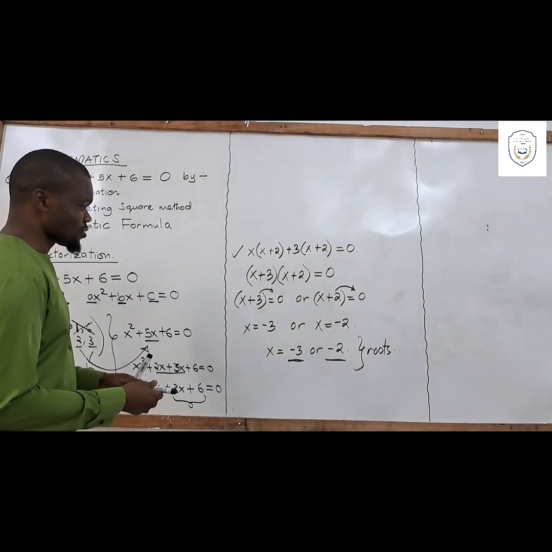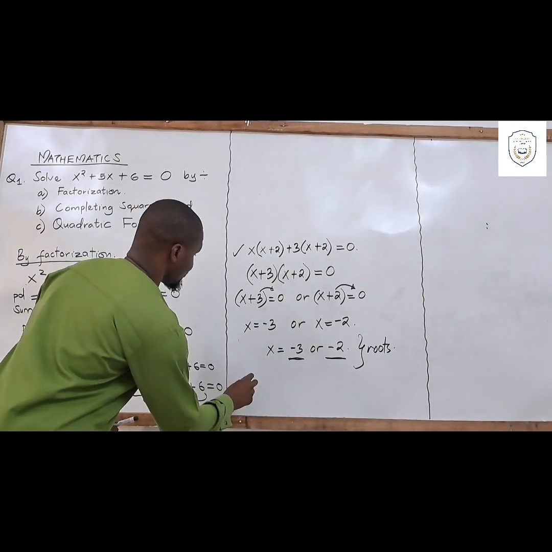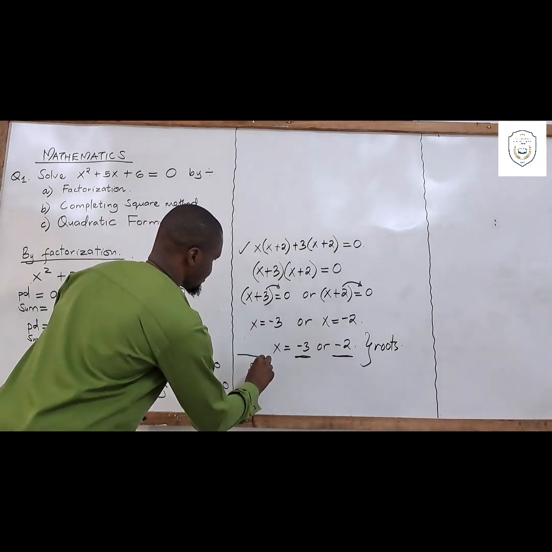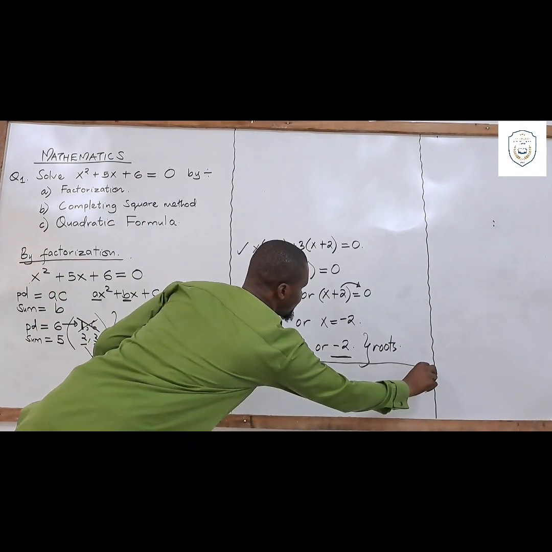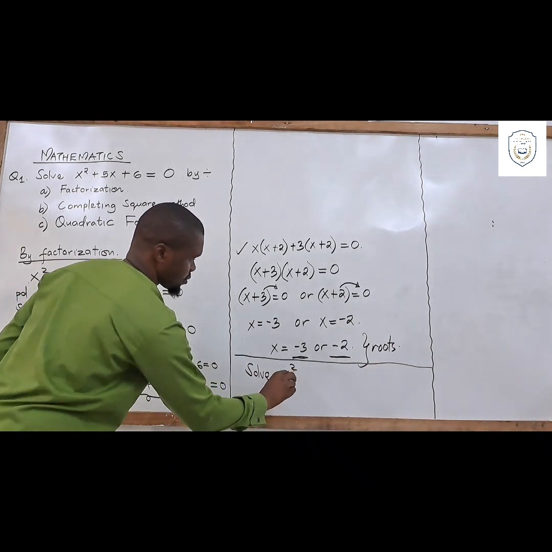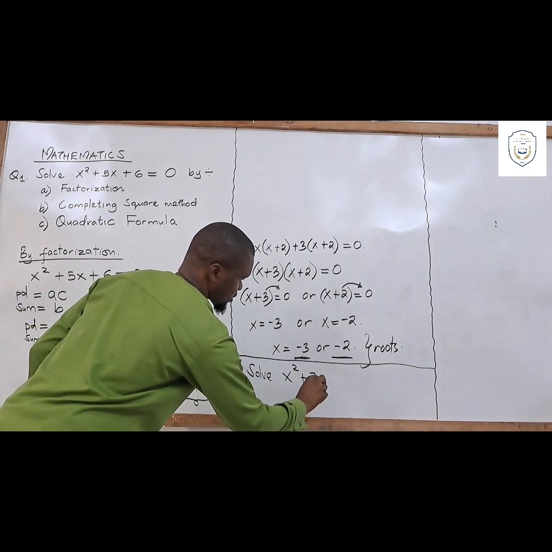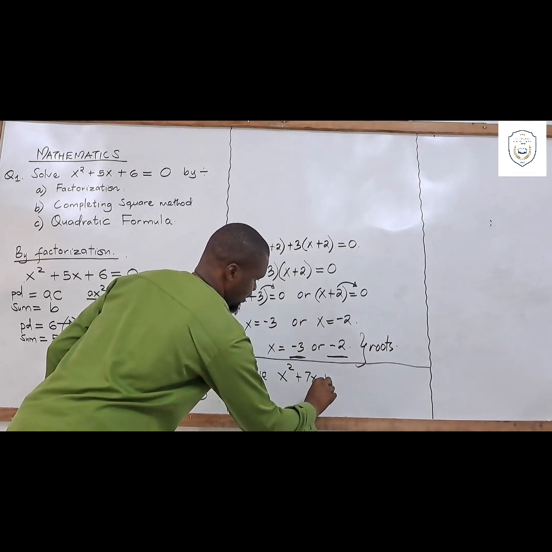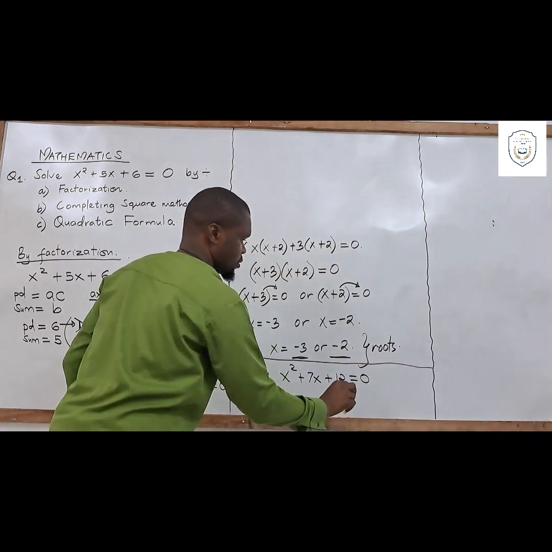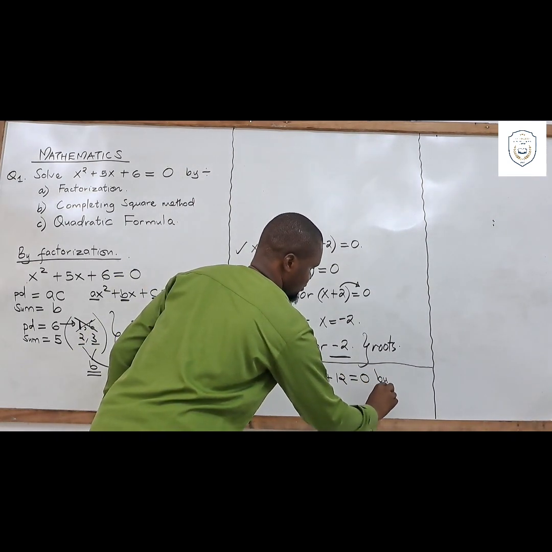Now, you can also try this for yourself. You can solve x squared plus 7x plus 12 equals 0 by factorization.